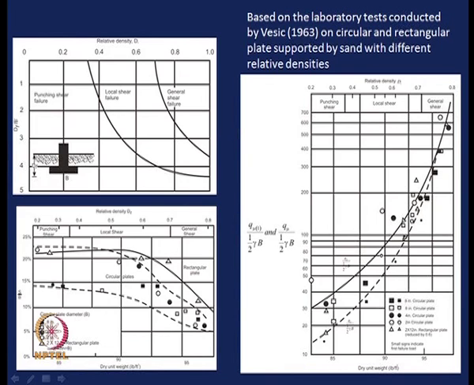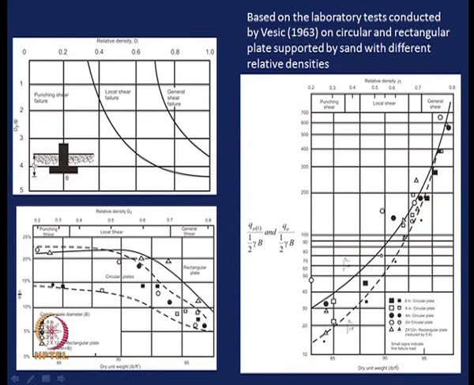Here we can say that if it is general shear failure, then the settlement observed is around 4 to 10%. So for relatively small depth in the case of general shear, to reach the failure point, the settlement is smaller, that is 4 to 10% of the width of the foundation.